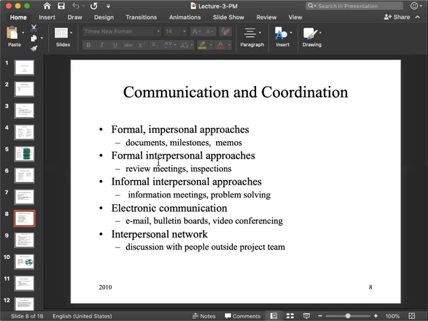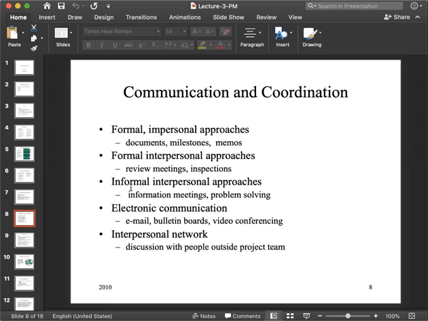Formal always means you have to write it down, there will be documentation. Formal means you have to document the whole thing, whether it is soft copy or hard copy, so formal is always documented. Impersonal means without a person, interpersonal means person to person.